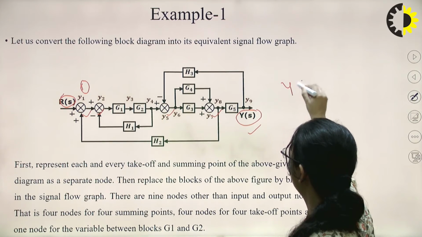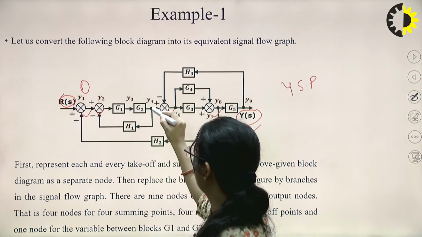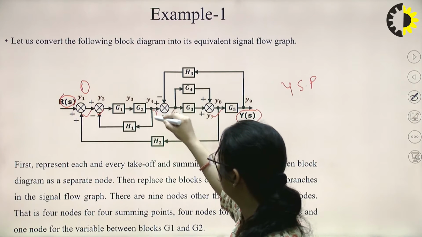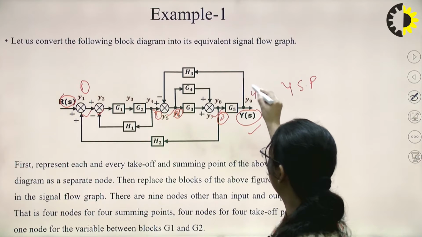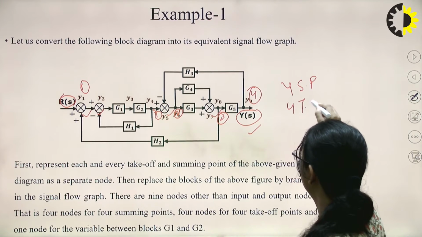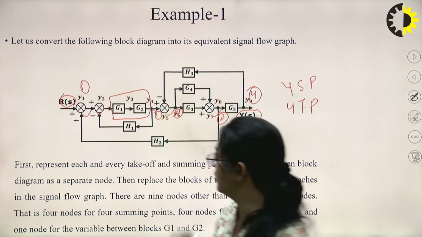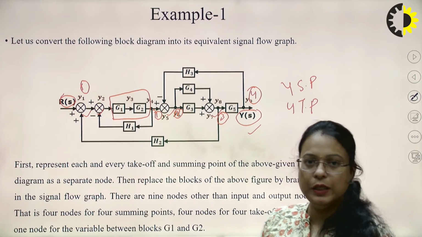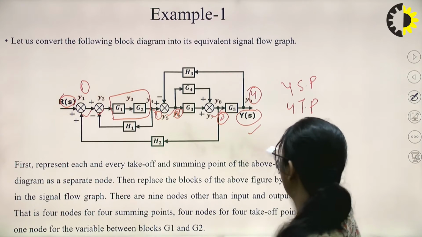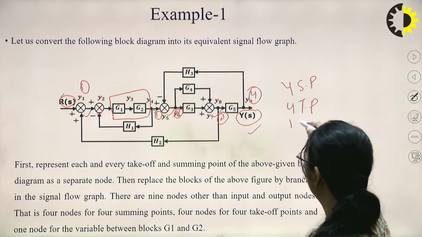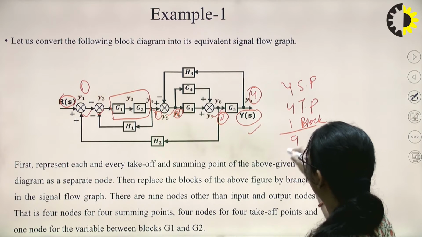Then there are 4 takeoff points in this block diagram, 1, 2, 3 and 4. And between these two blocks, we can consider one node here. So one node will be for these two blocks. So there are a total of 9 nodes.